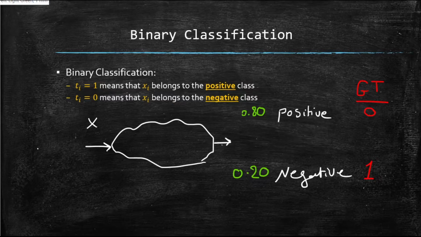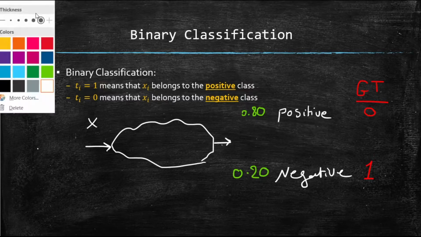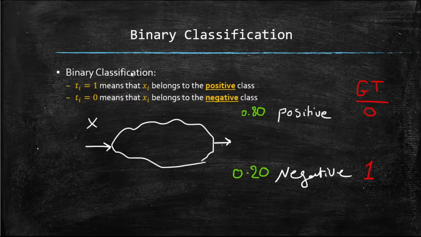And that error function would tell the network how it should change its parameters. By parameters I mean that in a machine learning algorithm we have parameters. If it's a neural network, you have weights.